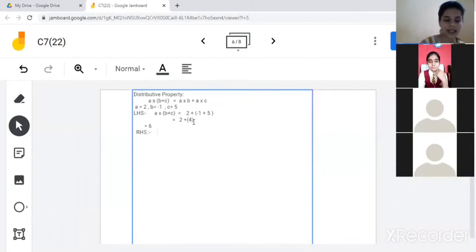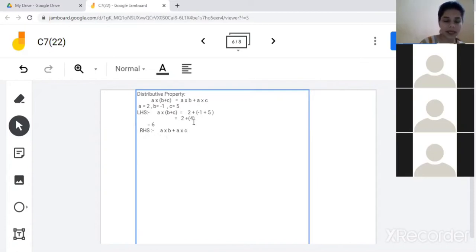In the right hand side, a multiplied by b, then added with a multiplied by c. Now put all the values of a, b and c. 2 multiplied by -1; because of the minus, we are putting a bracket.